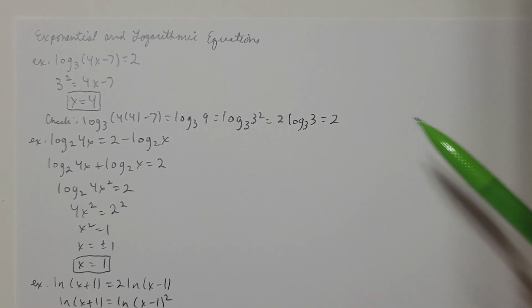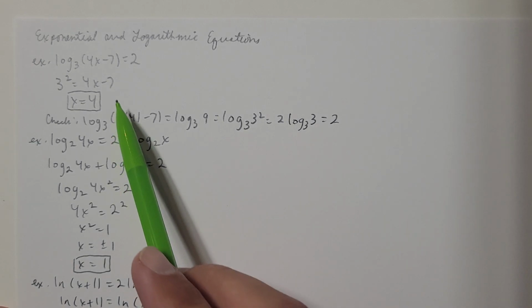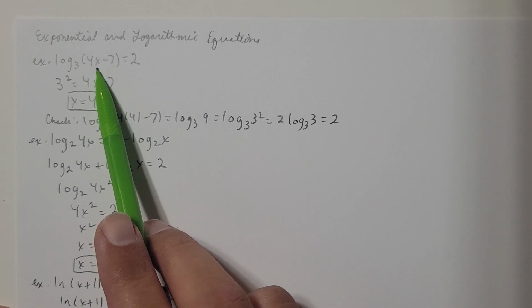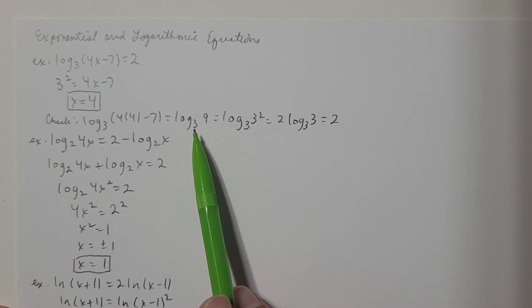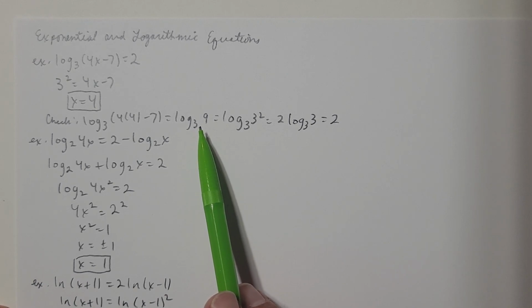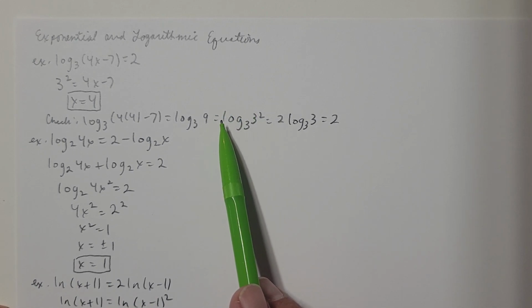Okay, so let's go ahead and check this. We think that x is 4. Okay, so I got log base 3 of 4 times 4 is 16, minus 7 is 9. Log base 3 of 9, well, 9 is the same as 3 squared, right? And I can bring the power of 2 out in front.